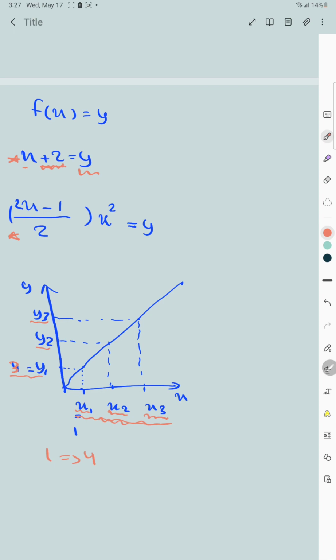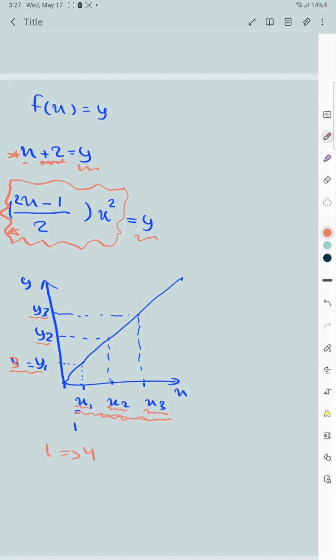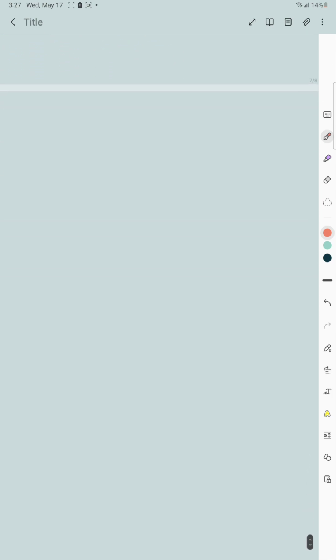Isn't it interesting? Some other, more complicated operations could happen to our x value in order to give us our specific y value. So it's all about making sense of what we're saying. For example, consider you have a 1, and now in your 1 you have a value of 3.